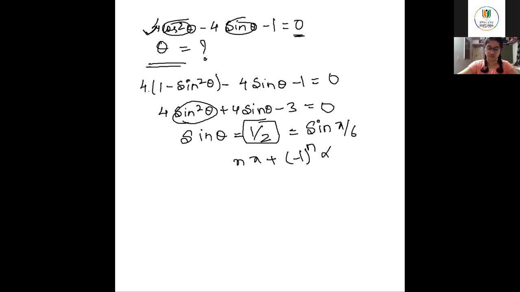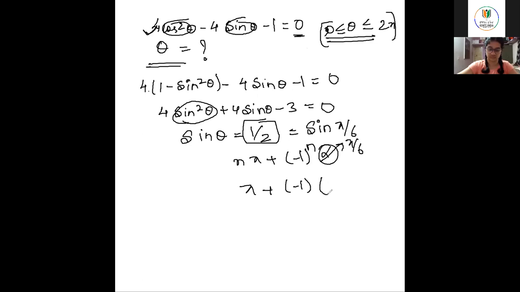So given the range, suppose I would have given that theta must be strictly between 0 and 2 pi. If I have given something like this, then you should not exceed the limits of these values. So let's put n is equal to 1. What is the value of alpha? First of all, alpha is pi by 6. So let's put 1 pi plus minus 1 pi by 6.